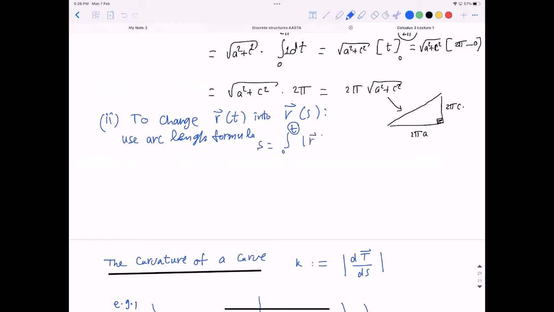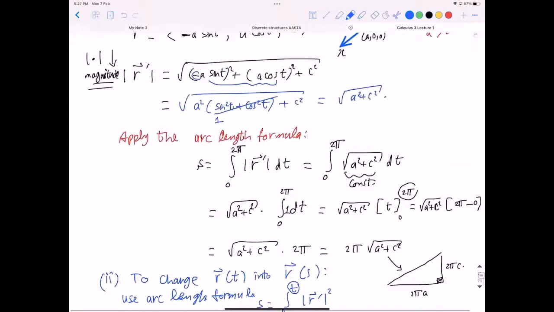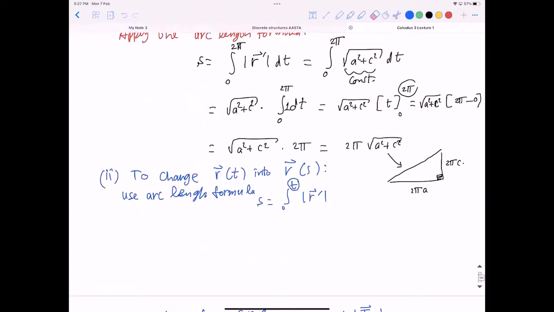The square root of R prime dot R prime, no square here, this is a square root, dt. So we get the same answer as before, but we stop here. We change this into t, we change this into t, and so on.